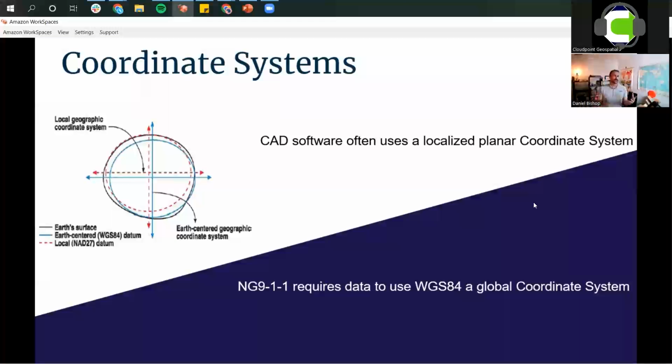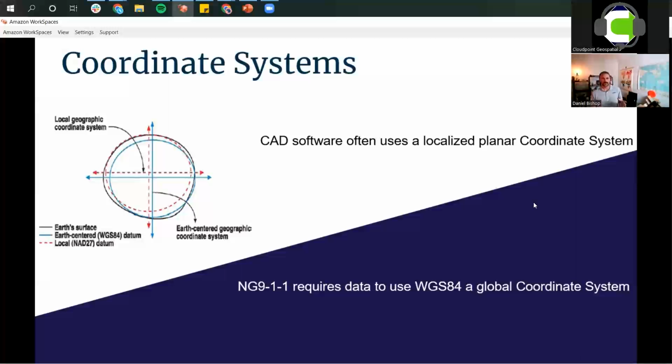Okay, so now let's talk about the coordinate system idea. Oftentimes, CAD software uses a localized planar coordinate system. And by that, I mean, it's a coordinate system that's meant to be used for a small region of a state or the United States. And it's planar, meaning it's two-dimensional.